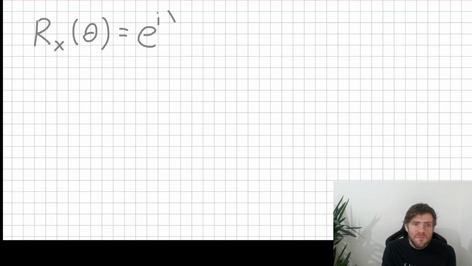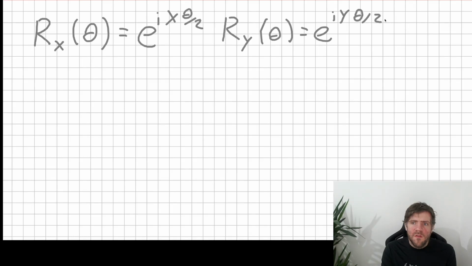Well, it's X times theta over 2. And similarly, Ry with an angle of theta is e to the i Y theta over 2, and similarly for Rz.